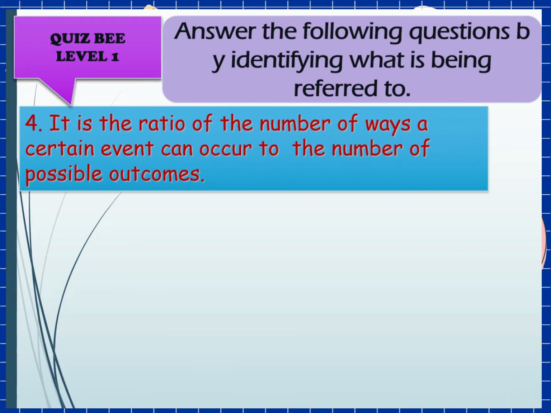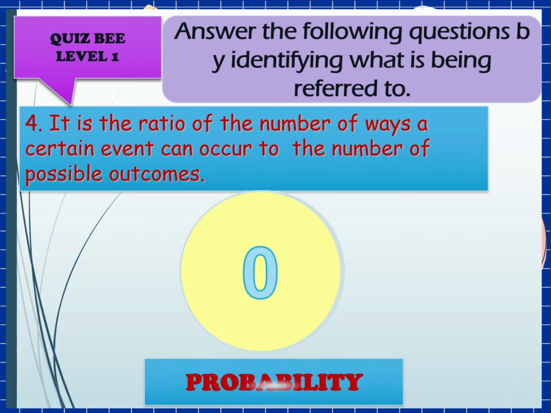Number 4. It is the ratio of the number of ways a certain event can occur to the number of possible outcomes. The answer is probability.